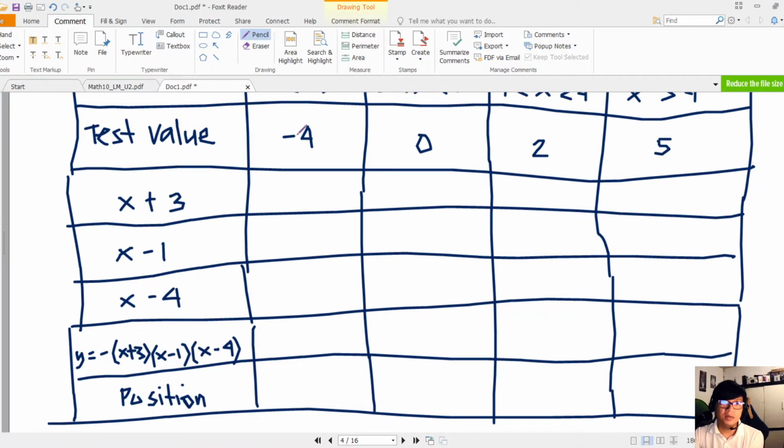So, when x is equal to negative 4, apply natin dito sa first factor. Negative 4 plus 3, negative 1, so negative. Negative 4 minus 1, negative 5, negative. Negative 4 minus 4, negative 8, negative. So, the sign, we have negative times negative, positive. Positive times negative, negative. Pero, hindi muna ninyo pwedeng ilagay negative dito kasi tatlong factors mo ito, di ba?